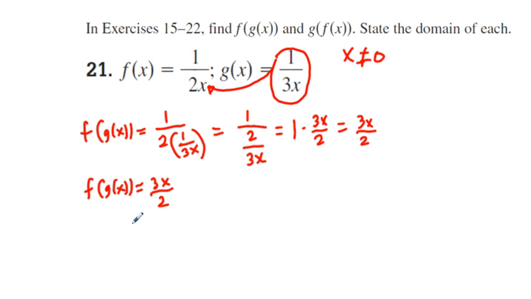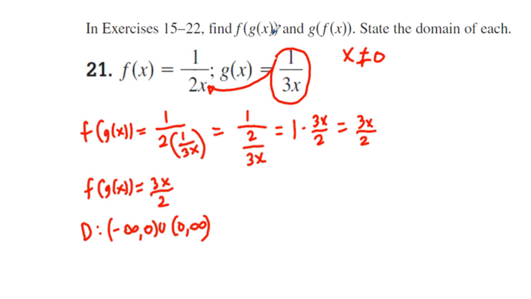That, my friends, is 7th grade math. And so we have our domain: negative infinity to 0, union, 0 to positive infinity.